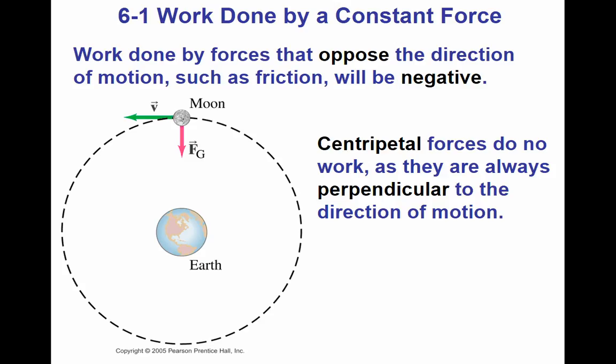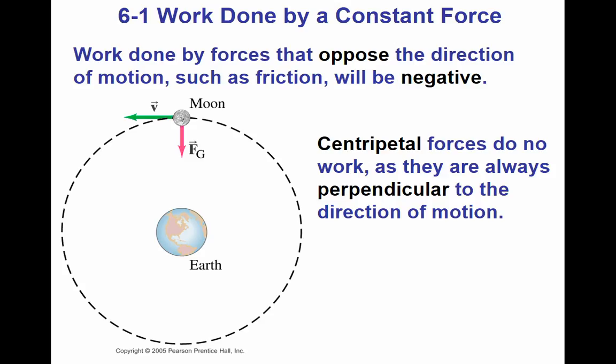So for something that is in circular motion, which I know that we skipped a chapter, so this will make sense though still conceptually. For something like the moon, its velocity is moving along the tangent here, along the green arrow. That's the direction of its velocity. However, there is no force acting in that direction whatsoever.